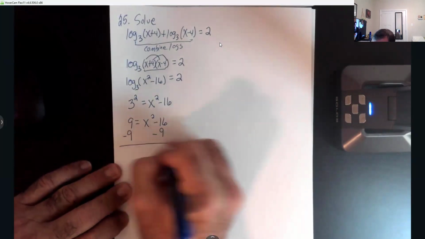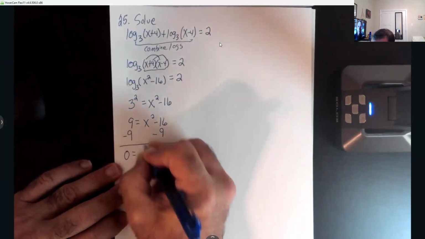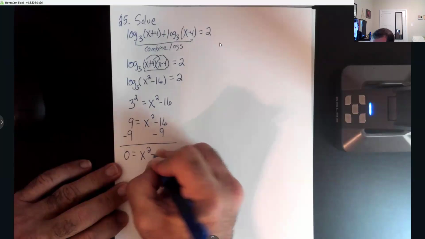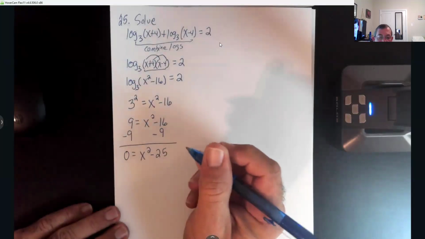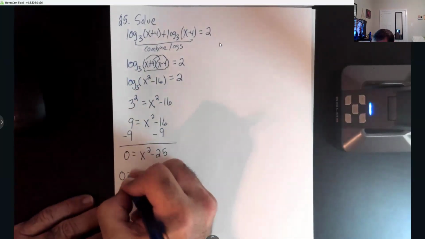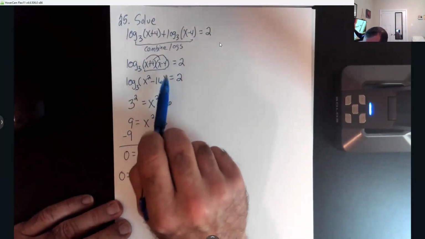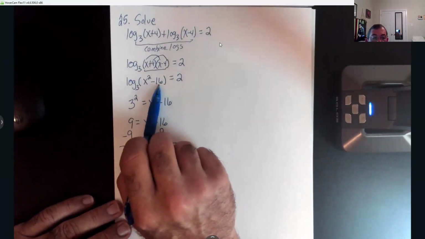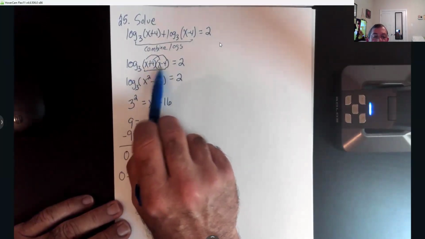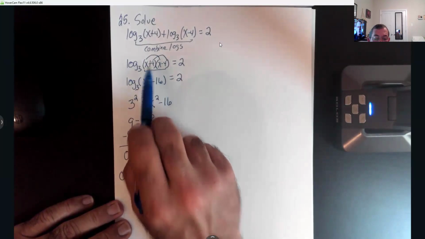So that's going to give me a 0 equal to x squared minus 25. So notice, this was the difference of perfect squares. It would factor into conjugate pairs.